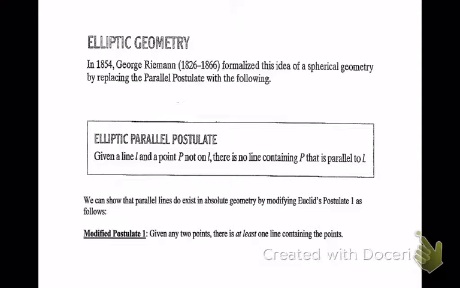You can show that parallel lines do exist in absolute geometry by modifying Euclid's postulate 1 as follows. Modified postulate 1: given any 2 points, there is at least one line containing the points. Instead of only one line, there's at least one line containing the points.